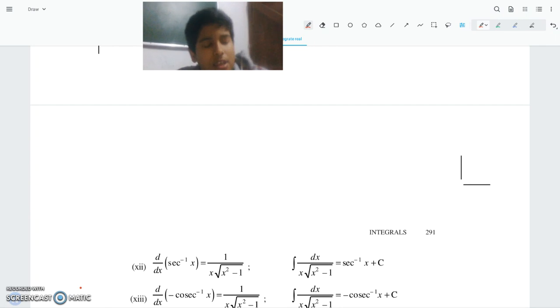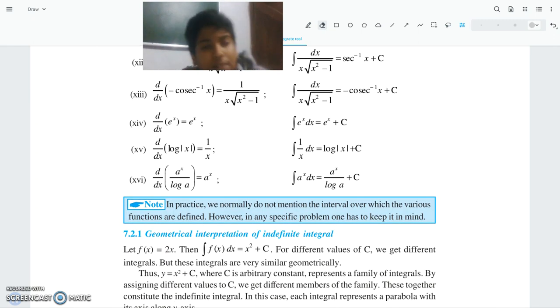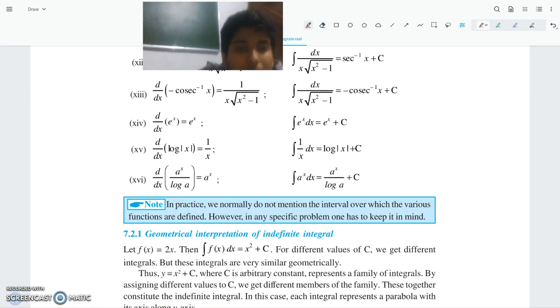So now moving further, integration is not only till here, but some of the main formulas say how we can find the integral of a^x. To find it, I should first prove it, and then you will be able to understand.